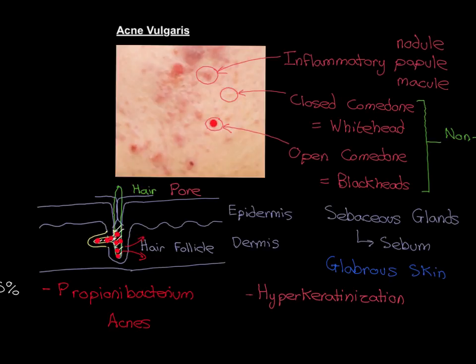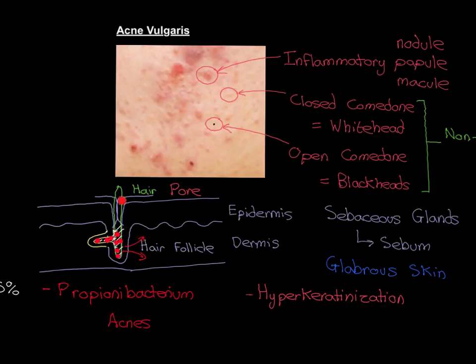And the reason it turns black is something to do with oxidization of chemicals. I don't completely understand it, but something happens when the air comes in contact with this sebum that's built up here and with the Propionibacterium acnes, and you get a tiny little black lump there. But you don't fundamentally get inflammation because no Propionibacterium acnes has crossed into the dermis.